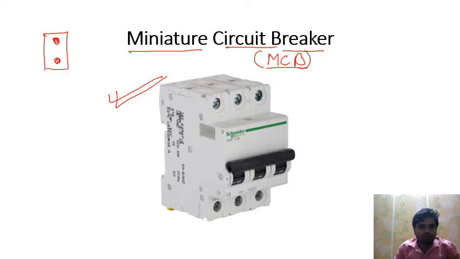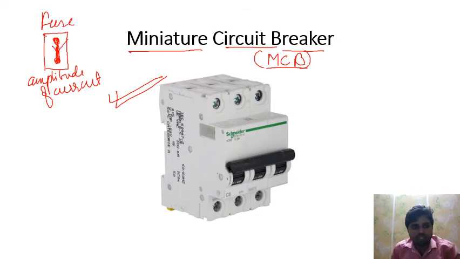Okay, and this was on the principle of amplitude of current. So in the fuse, what happened is that when the amplitude of current increased, this wire melted down, okay, and it is torn off.